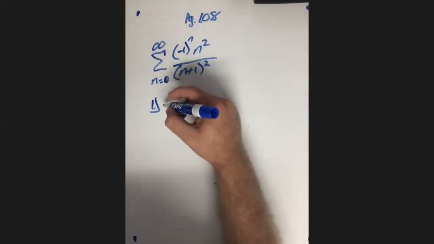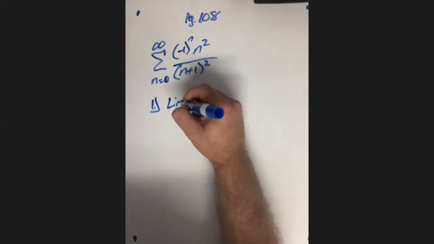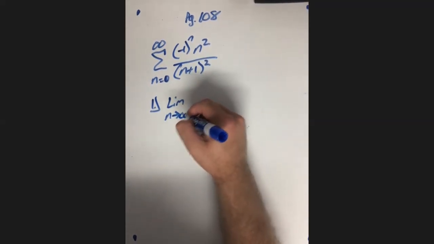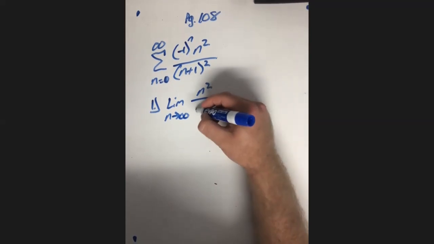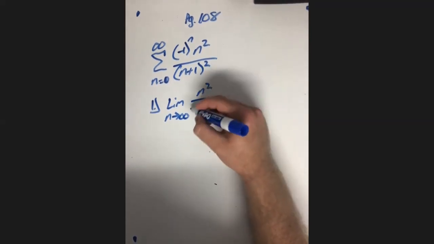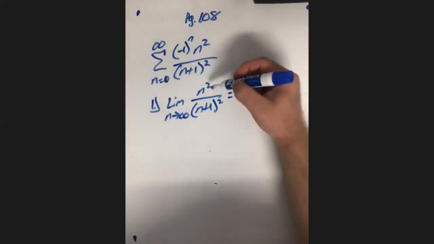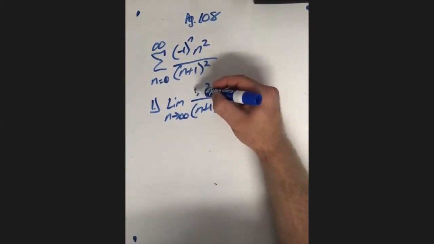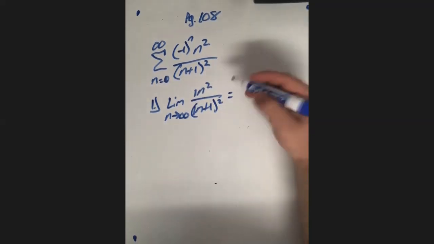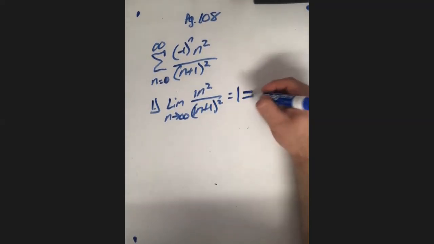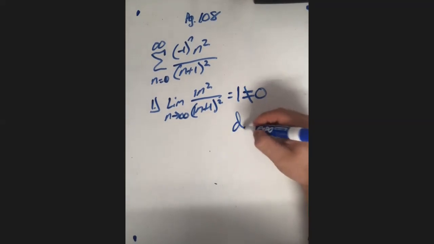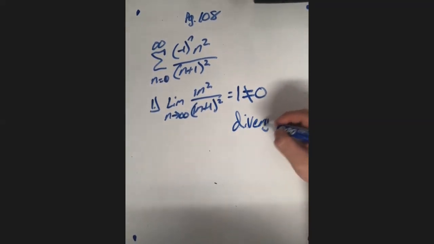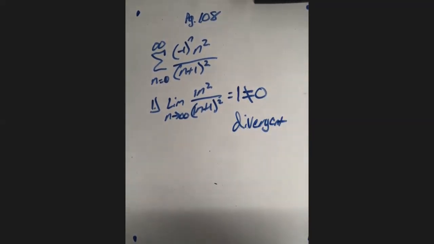And the test for alternating series is I'm going to look at the limit as n approaches infinity of n squared over n plus 1 squared. I have the same exact exponent, so I'm going to look at my coefficients. I have a 1 coefficient and a 1 coefficient. So this limit equals 1, which is not 0. This is a divergent series. It diverges from the get-go. We don't even need to look at the absolute value. This is just divergent, okay?